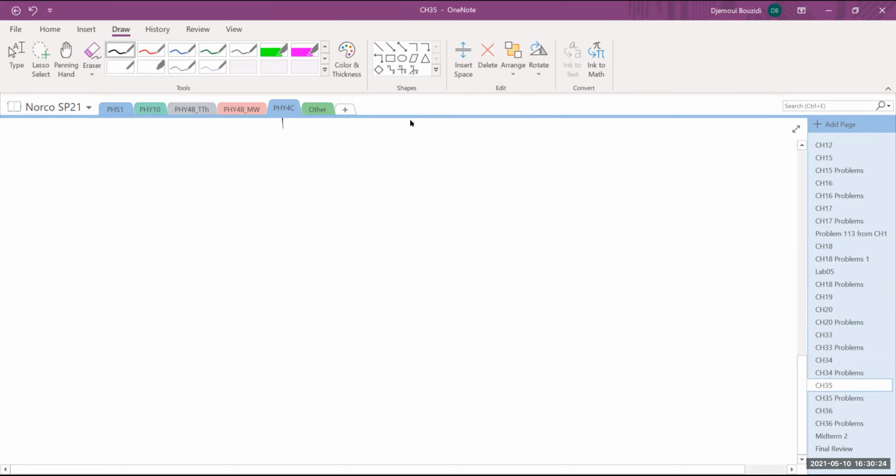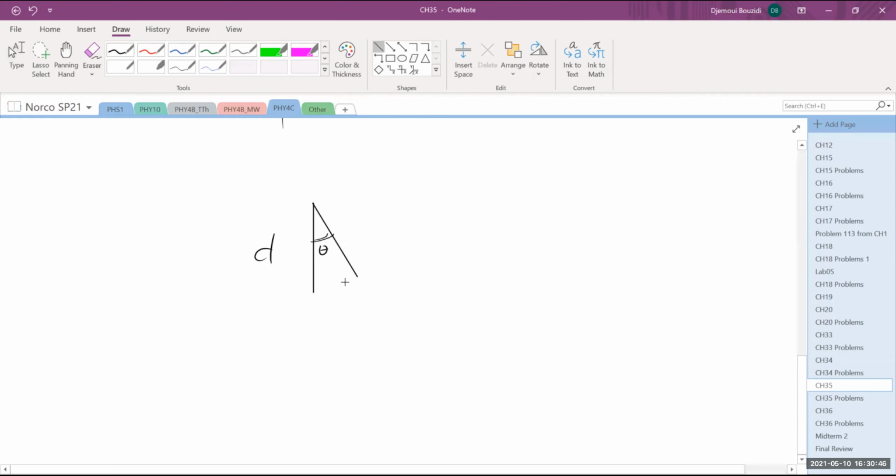So let me redraw that right angle triangle again. This is how it looks. This is the separation D between the slits, and this is the angle theta. This is theta.